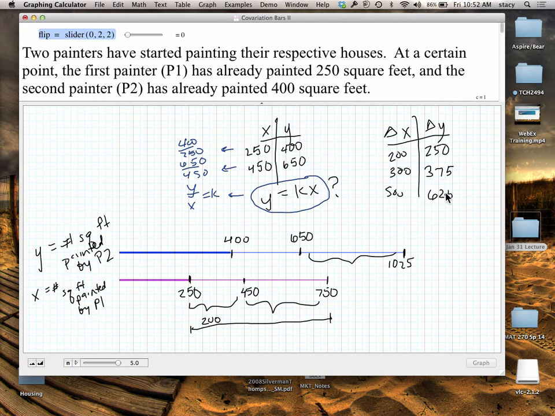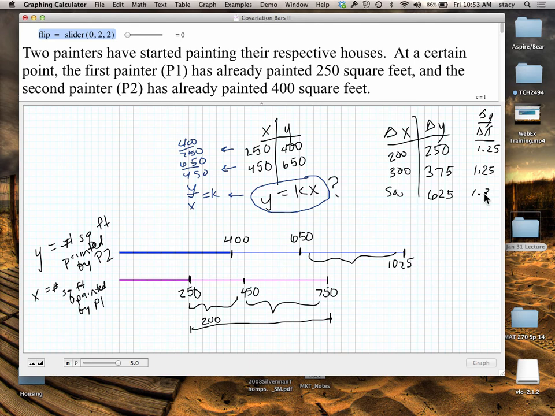625. Okay. So now take all three of these and tell me what is the value of delta y over delta x. So 250 over 200 is 1.25. What's 375 divided by 300? 1.25. 625 divided by 500?